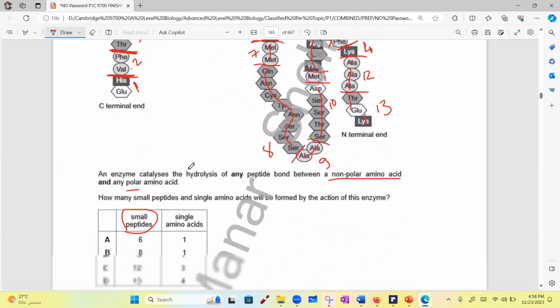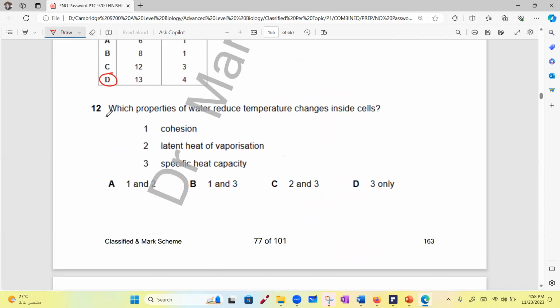This question is not very nice, actually, but we have to solve it. Which properties of water reduce temperature changes inside cells? Cohesion, latent heat of vaporization, or specific heat capacity? C. Yes. Cohesion helps in the movement of water molecules up a xylem column, for example.